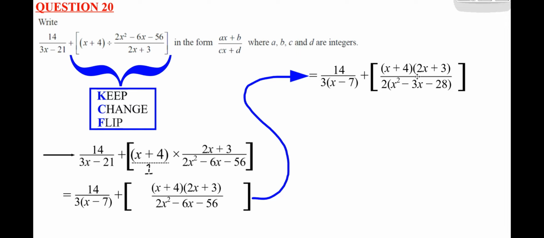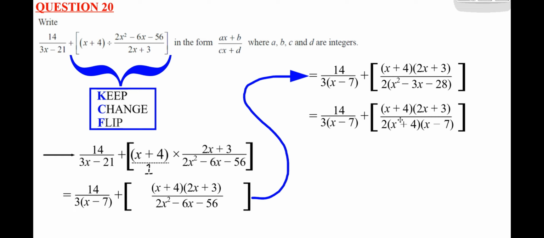So the standard rule here is we need to find a pair of values which multiply together to give negative 28. When we add these 2 values together, we end up with negative 3. After a bit of thinking, pause the video now if you need to do this yourself, you should find the 2 values at work are positive 4 and negative 7. We can therefore factorize this into x plus 4 and x minus 7.